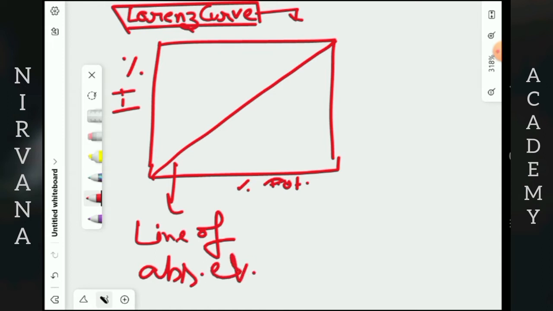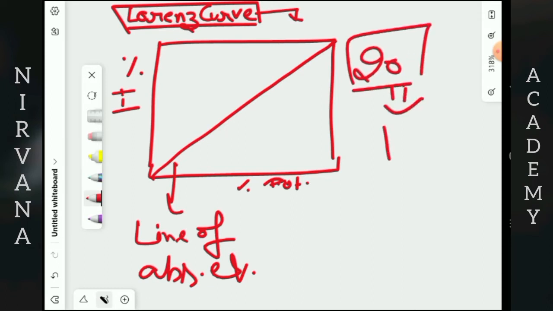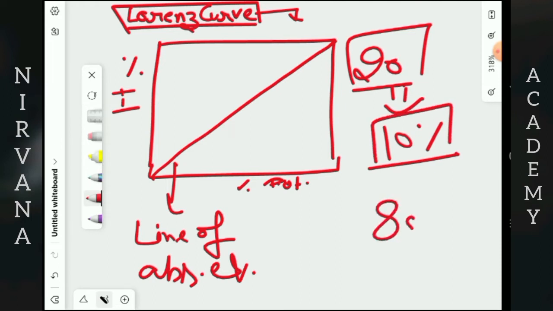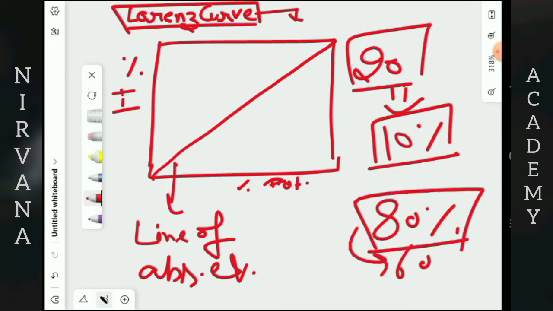Line of absolute equality. And let's suppose if poorest 20% of people or population earning 10% income and poorest 80% earning 60% income. This is a hypothetical situation. So let's suppose poorest 20% earning 10% income.